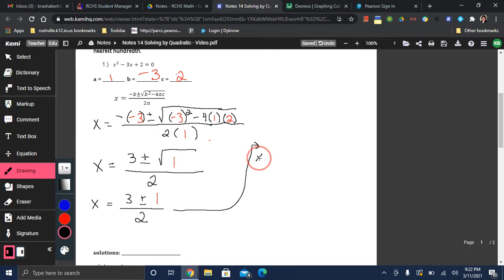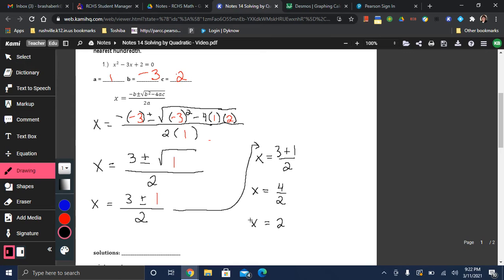So I'll say x equals, and then I'm going to do 3 and just use the plus sign and the 1 over 2. So I'm going to go ahead and finish that one. 3 plus the 1 would give me 4 on top and 2 on the bottom. And then x would equal 4 divided by 2, which is 2.